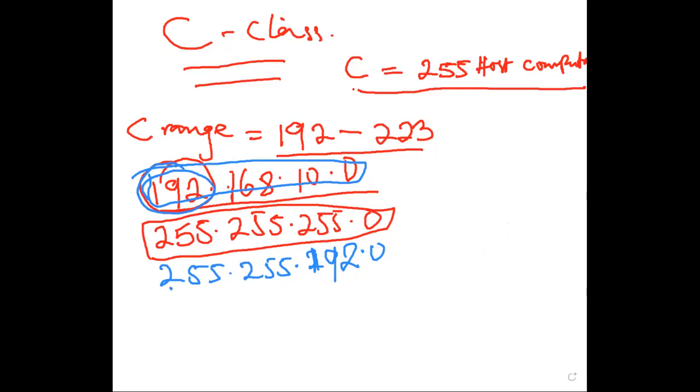Do not get that confused. It is the range of the IP address, the first octet, that determines if this subnet mask is a class B or a class C. And so no doubt this is a class C, as we know from the IP address.